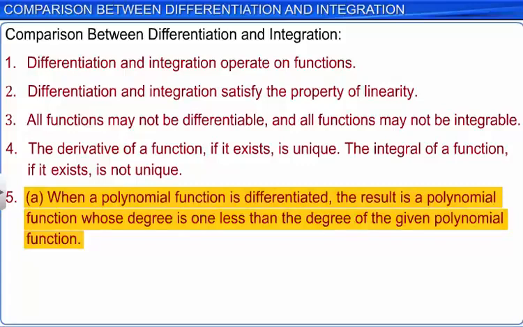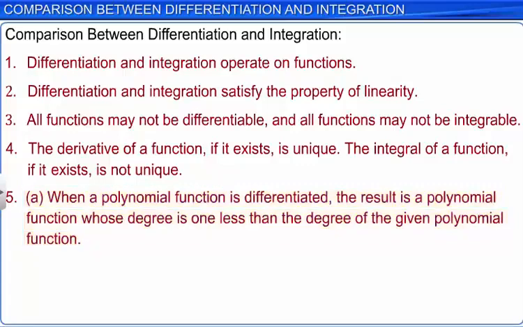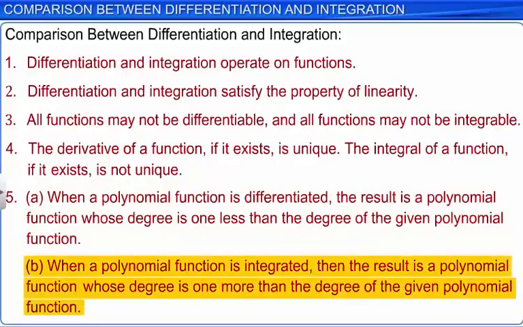Let's see an example. Let f of x be a polynomial function equal to x cubed minus 2x squared plus 5x minus 1. Here, the degree of f of x is 3.